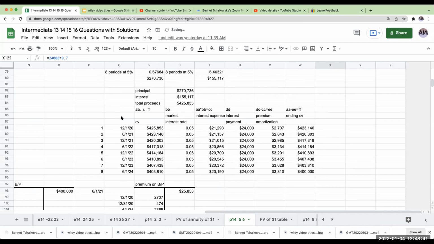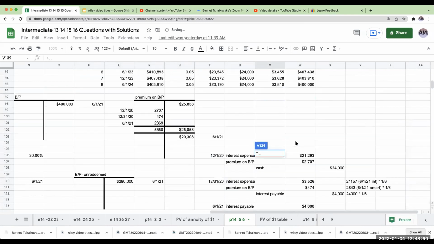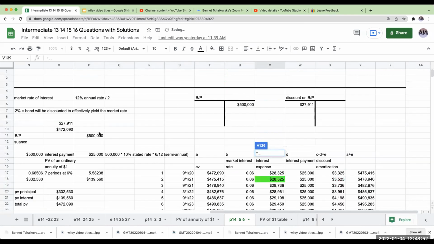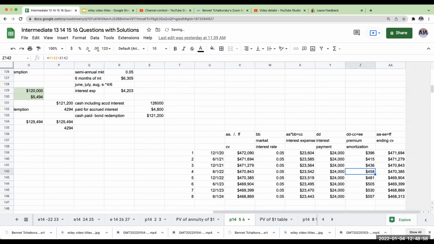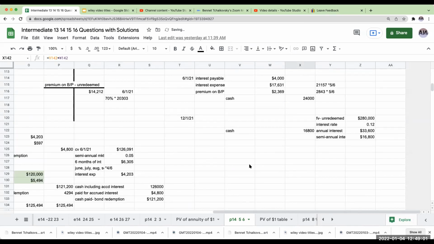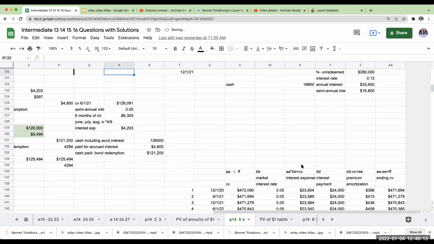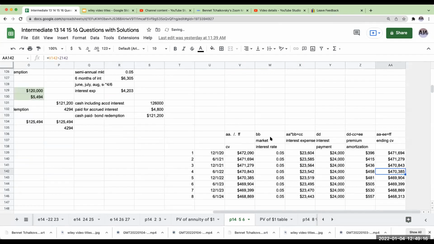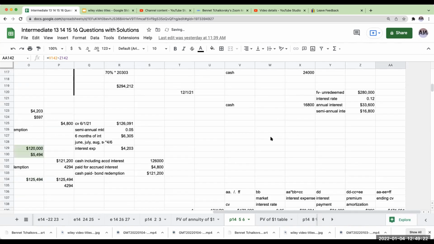What we can do now, to make our lives a little bit easier and to check our work, is let's just pretend going down here. What we're effectively saying is that our carrying value on the unredeemed bonds is going to be $294,212, as of 6/1/21.